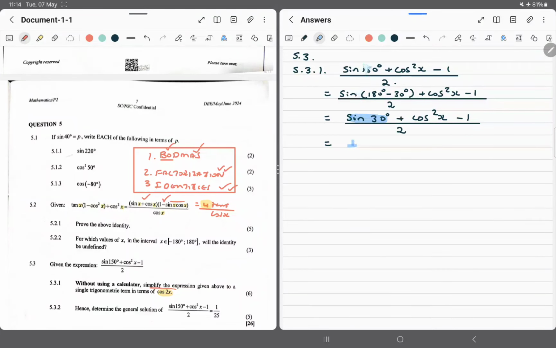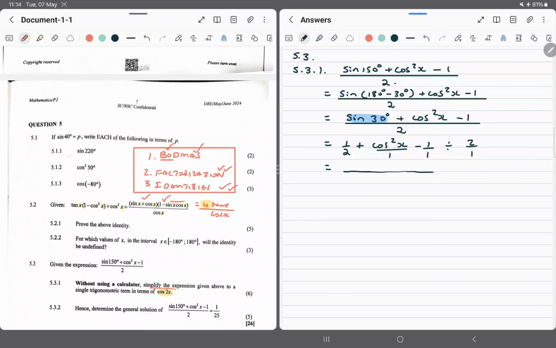Sine 30 is a half, plus cos squared x minus 1 over 1. Let's expand this out, divided by 2 over 1, so that we can handle this nicely.